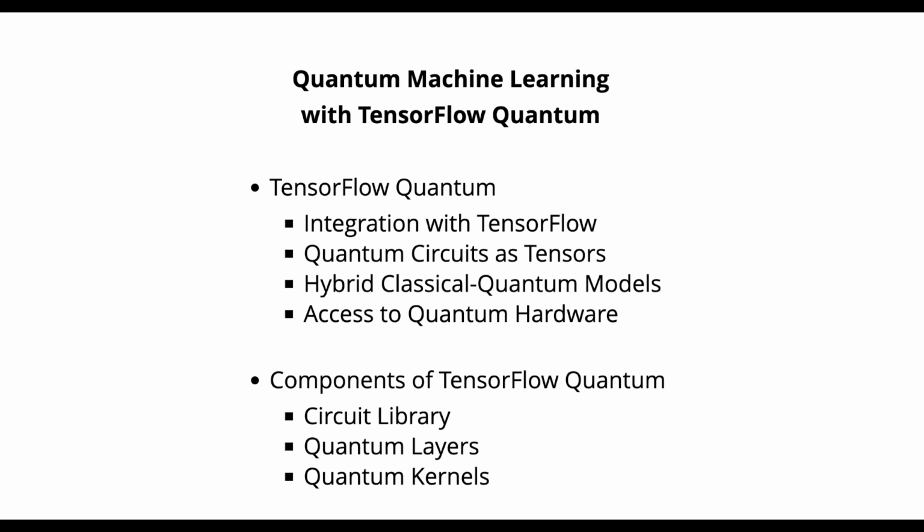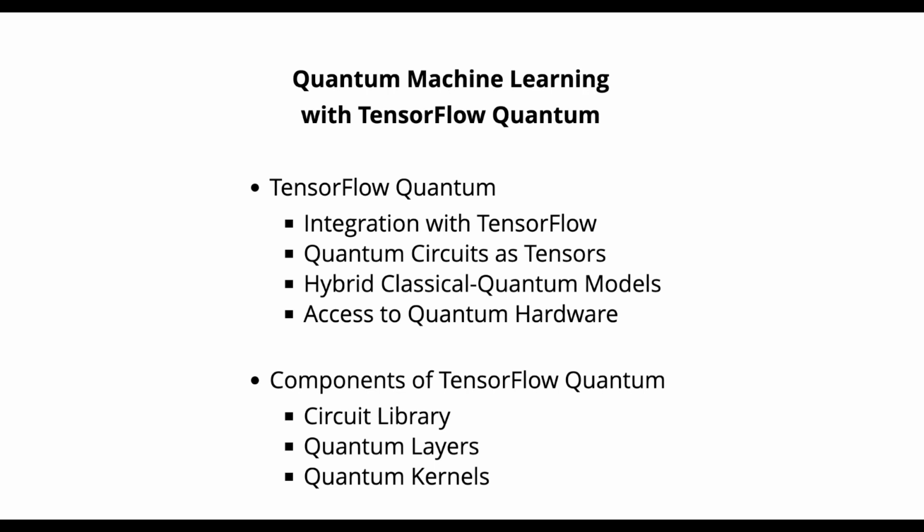Let's go into TensorFlow Quantum. Integrating with TensorFlow: TFQ seamlessly integrates with TensorFlow, allowing users to combine classical and quantum operations within the same computational graph. Quantum circuits as tensors represent quantum circuits as TensorFlow tensors, enabling automatic differentiation and optimization using TensorFlow's gradient-based optimization algorithms.